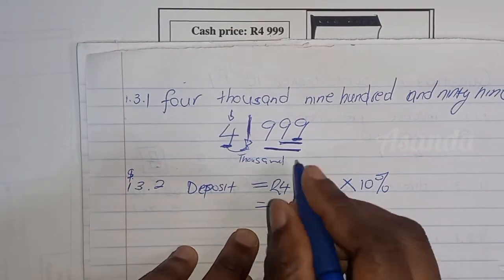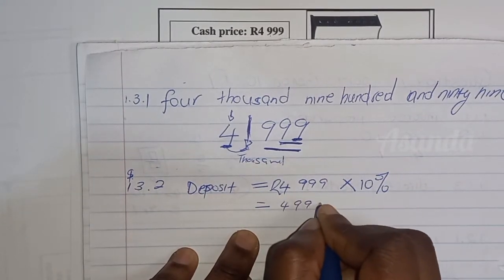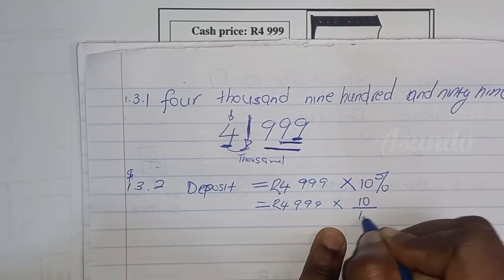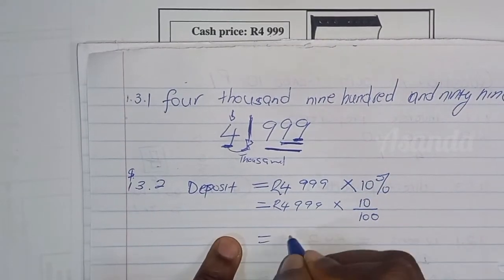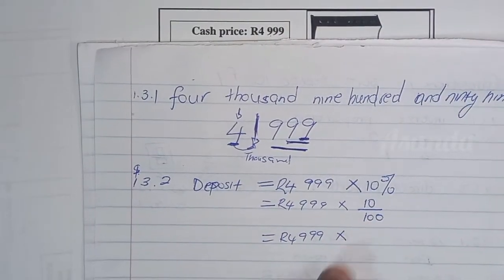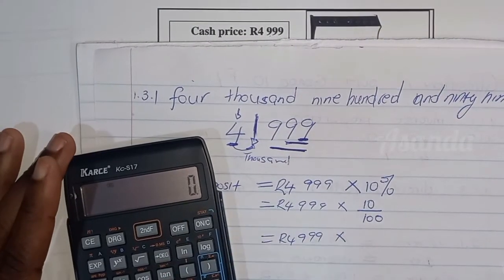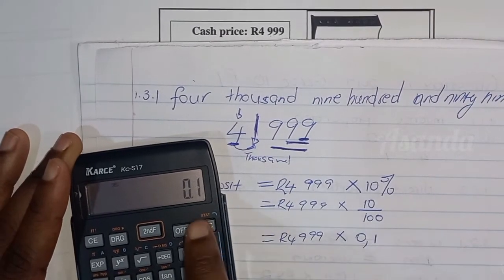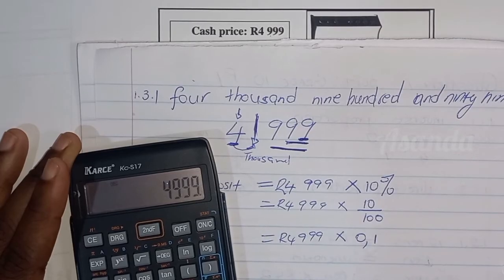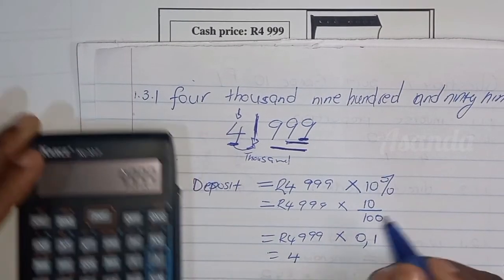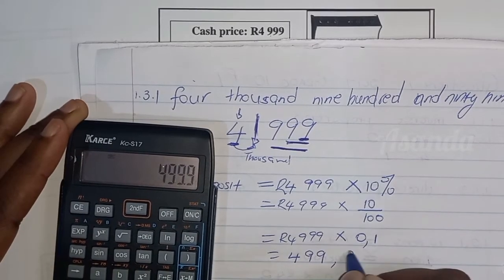I like to do this in different steps, where I say 4,999 multiplied by, I rewrite this as 10 over 100, right? 10 divided by 100 is 0.1. So I'm going to say 4,999 times 0.1, and then I get 499 rand and 9, right?